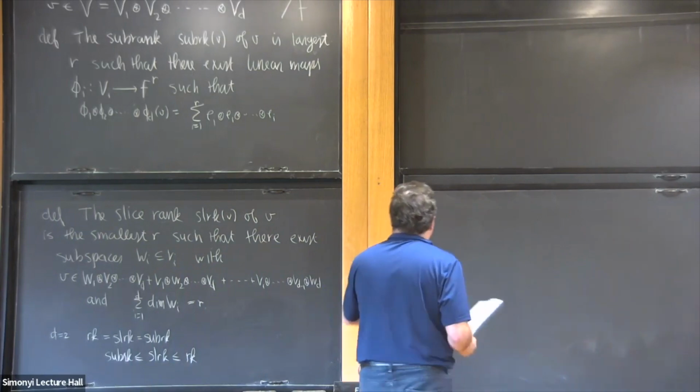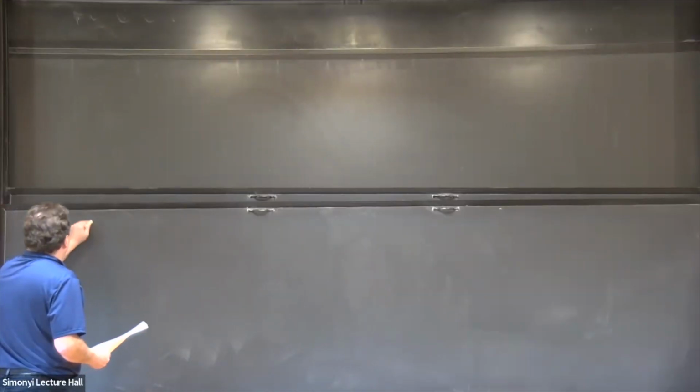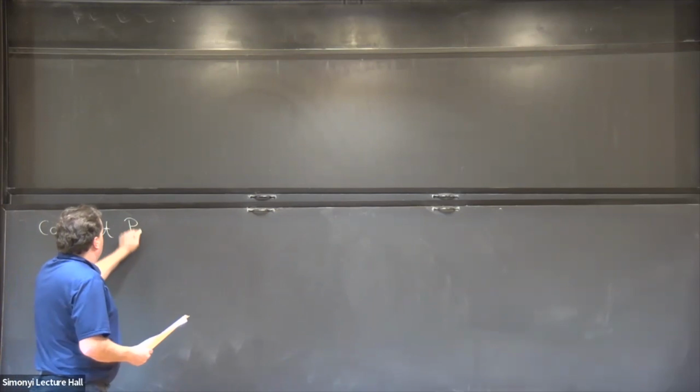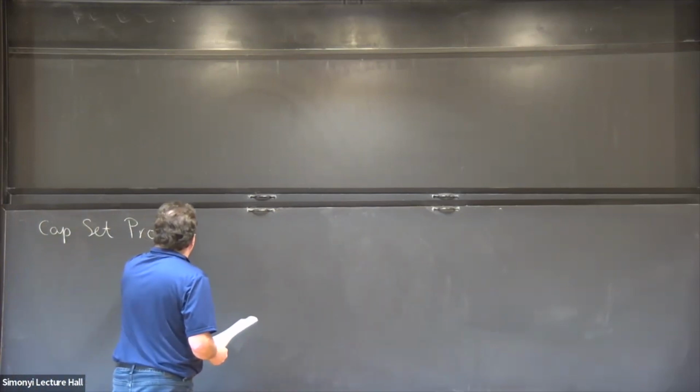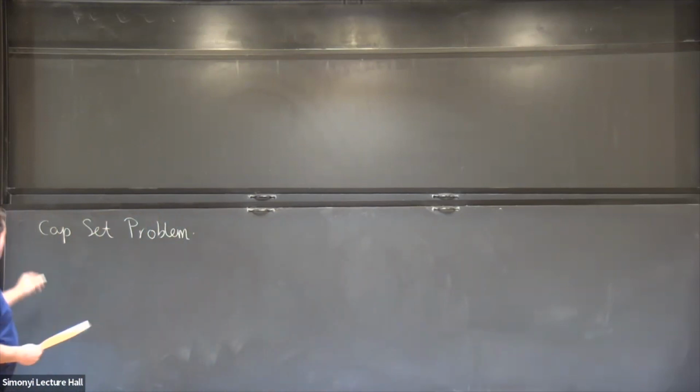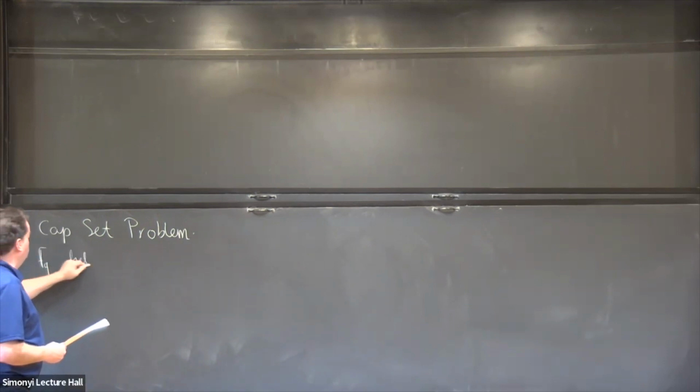So let me now talk about the cap set problem. So this notation F_q is a field with q elements.